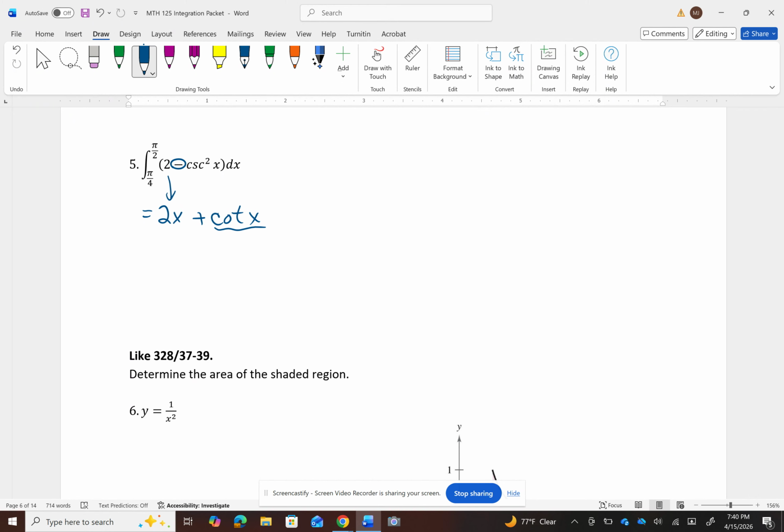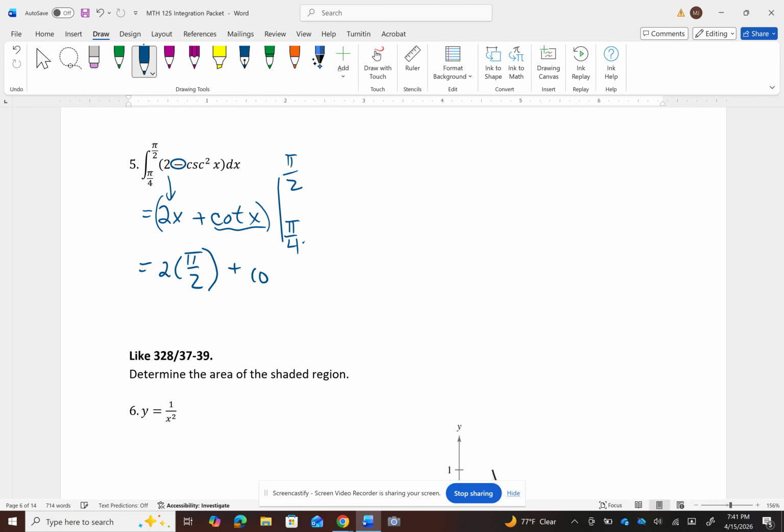Now we normally put a plus c, but again, we're evaluating. And because we're evaluating this, we don't need the plus c because it'll just get subtracted off. So we're going to evaluate this from pi over 4 to pi over 2. Okay, so you're going to do this by plugging in the top number first. Order matters. You need the top number first so that the sign turns out to be okay at the end.